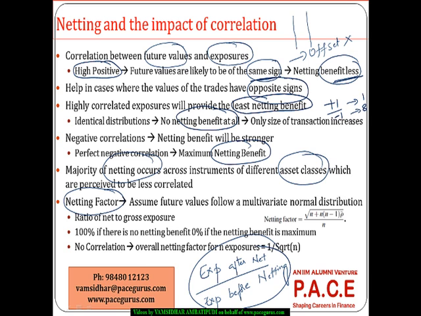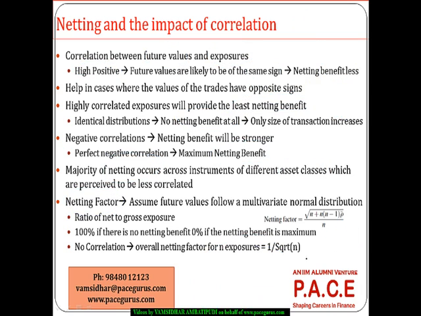So it is purely based on the average correlation between the various assets, and n is the number of assets. Now let's assume that the correlation is 1, perfectly positively correlated. What is the netting factor that comes out? Let's say I am talking of 5 different assets. 5 plus 5 into 5 minus 1, 4, and the average correlation, they are all perfectly positively correlated, so 1, and I am dividing it by 5.